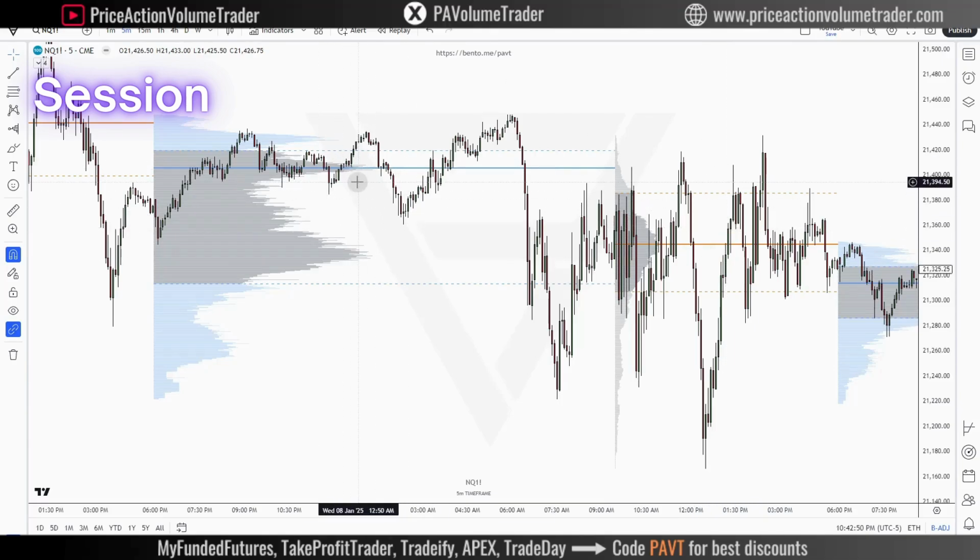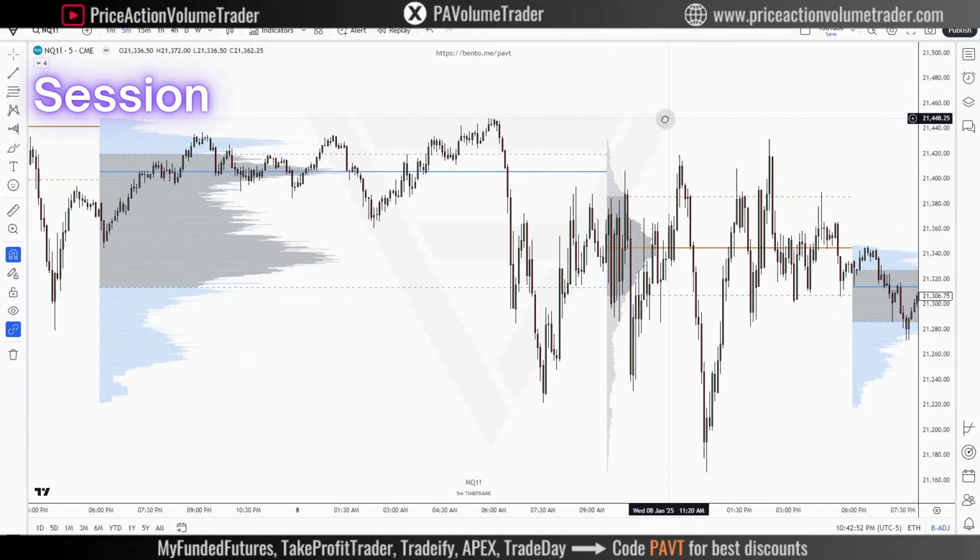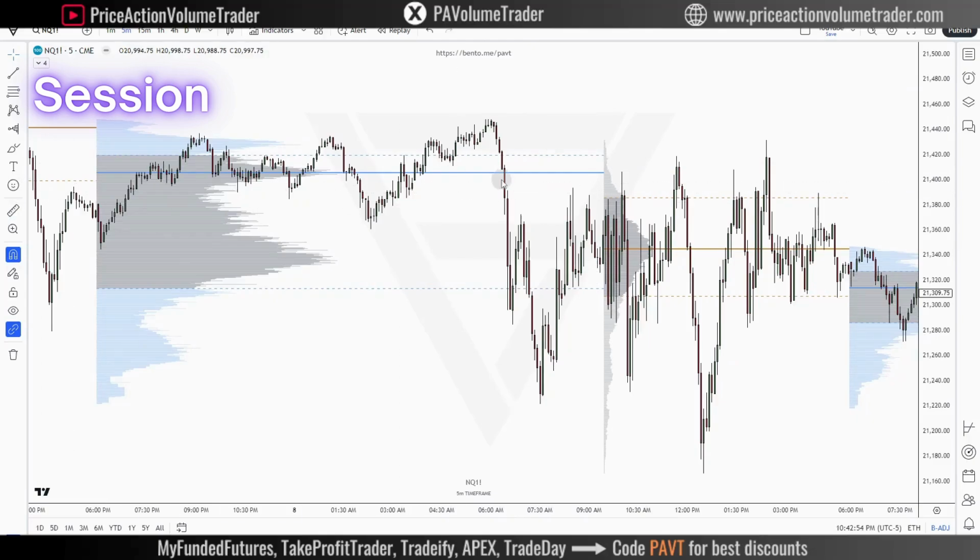But the extended hours hold definite significance. Like you can see right here, we had the extended trading hours, and then we had this value area high line, which ended up being the exact tops and rejection points during this regular market hours, for example.